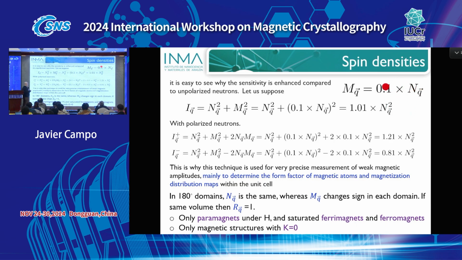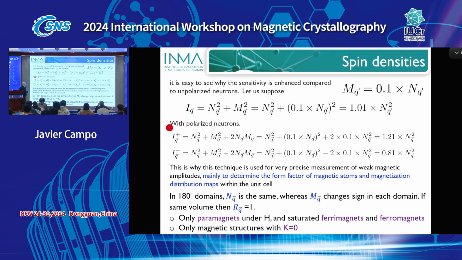Imagine that it's very small. Then with this technique, if we don't use polarized neutrons, you can see that the intensity diffracted due to the magnetic part is only 0.01 times the intensity that I have before. Then it's difficult to measure this small quantity.